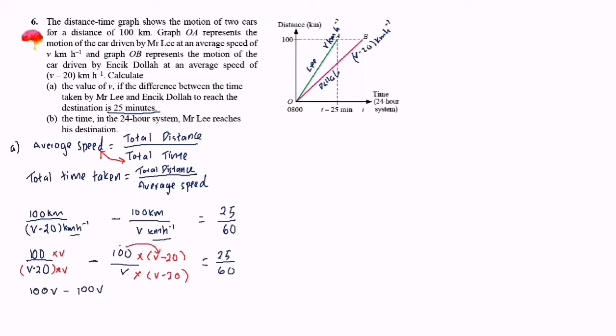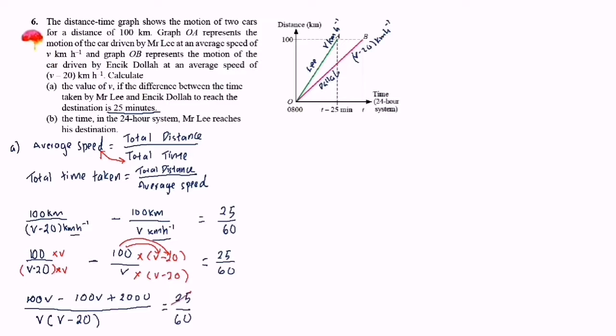This one multiplying. So we get 100v minus 100v, negative 100 times negative 20, we have positive 2000 over v times v minus 20 equals 25 over 60.